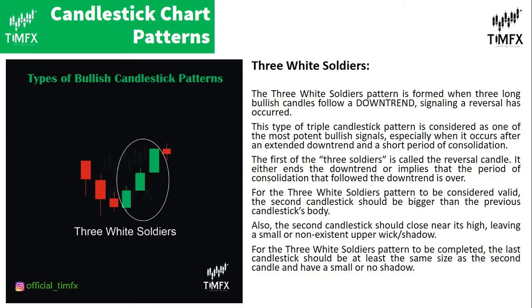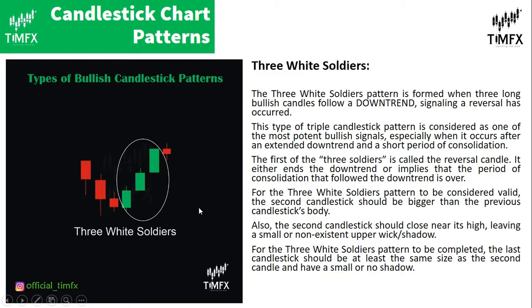So for the three white soldiers pattern to be considered valid, this is the first candlestick, second candlestick, third candlestick. The second candlestick should be bigger than the previous candlestick body. Infinitesimally, this candlestick is bigger than this, just with a minute change.